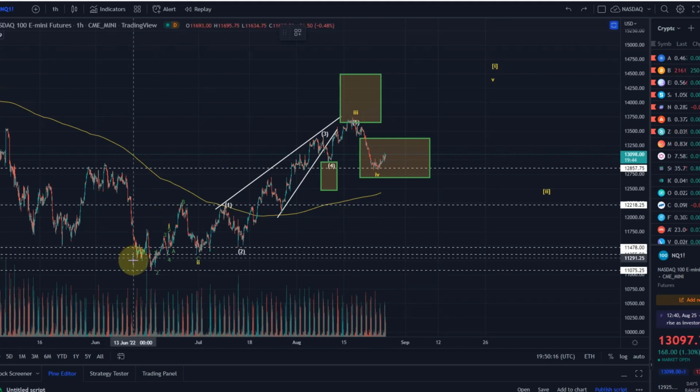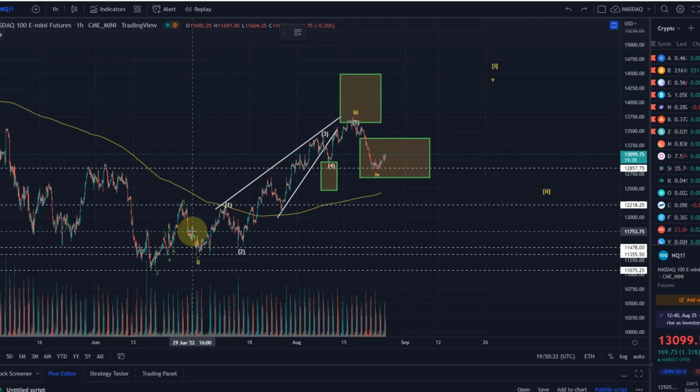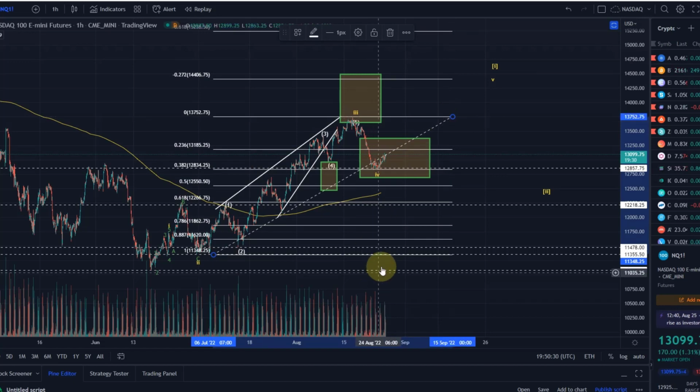Let me explain why. Let me just do something here. I have to adjust now the target area for the wave 4. This was still based, I think, on the previous video, but since the previous video we went a bit higher or lower.